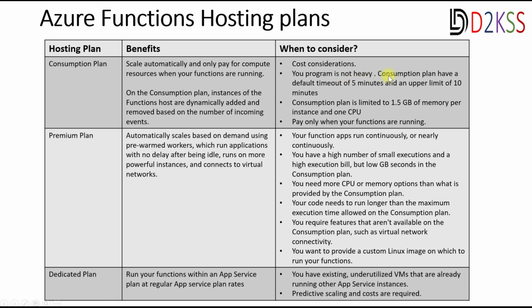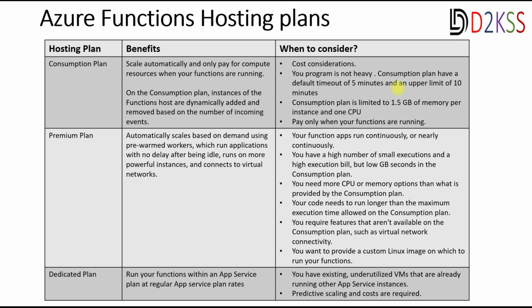Remember that the consumption plan has a default timeout of 5 minutes, and you can set a maximum of 10 minutes. So your program should finish within 10 minutes. If your program exceeds 10 minutes, then you will get a timeout, so the consumption plan is not suitable for you.